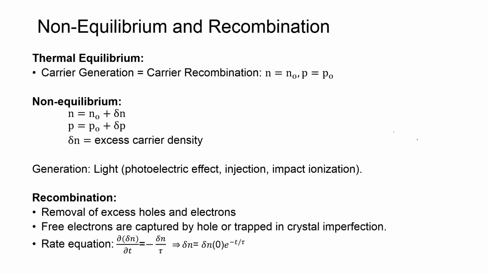Now there is a concept of thermal equilibrium, non-equilibrium, and recombination. When the rate of generation of carriers is equal to the rate of recombination, then the density of the carriers will be constant.